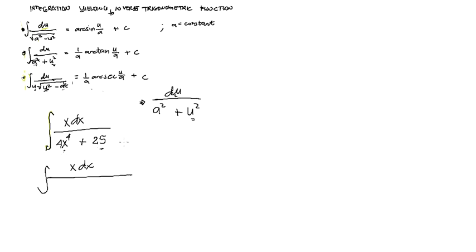This is not a problem as long as you understand that their places can be interchanged, but always remember that the constant here is positive, as well as the variable here, so they are both positive, so you can interchange their places. So in order for us to easily see that it is now in this form, you can interchange the place of 25 and 4x^4. So we have 25 plus 4x^4.